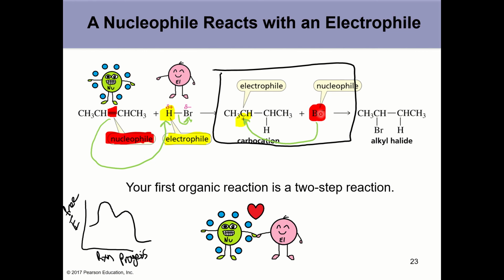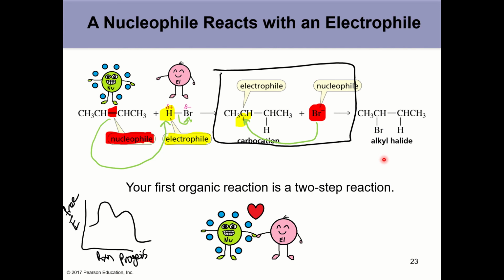And the bromide ion generated in the first step is a nucleophile. The bromide ion donates a pair of electrons, indicated by this green arrow, to the positive carbon, forming a new bond. And we form the C-Br and C-H bonds to form an alkyl halide.